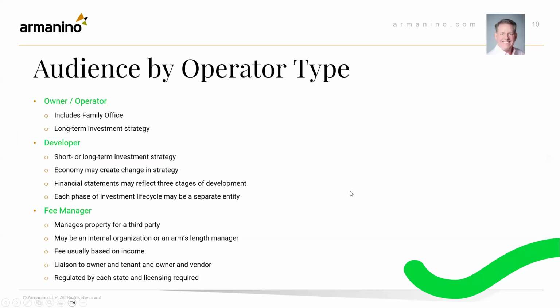All right. Next, we want to make sure that we identify the different types of audiences that we see use Sage Intacct Real Estate. And the 3 main categories are the owner operator, those people that own their assets and manage them for themselves. The first company I went to work at, we managed about 350 different assets nationwide with a variety of asset classes, from market rate conventional apartments all the way through central business district office towers and everything in between.